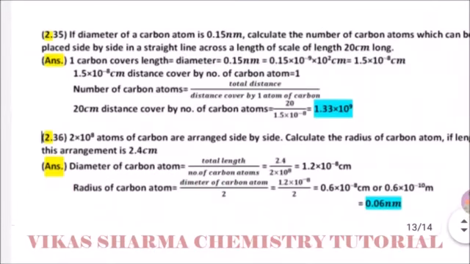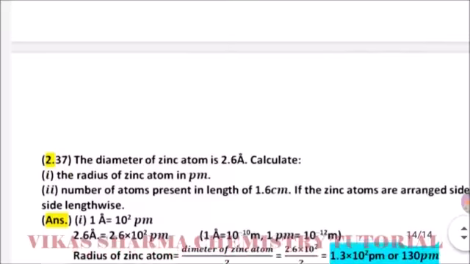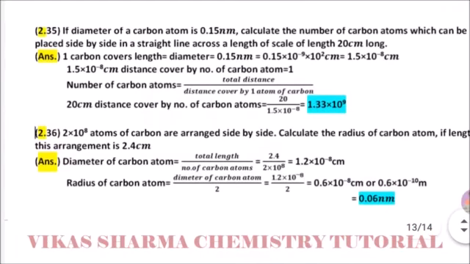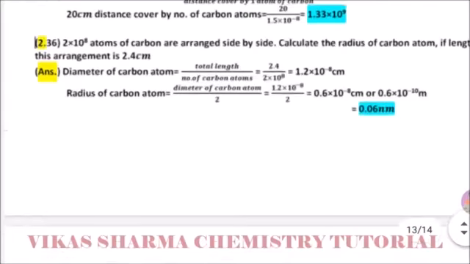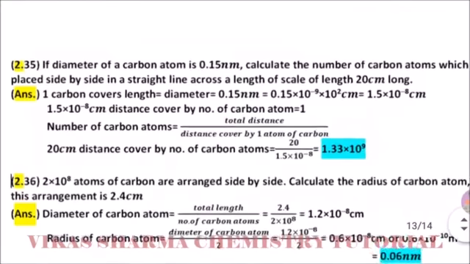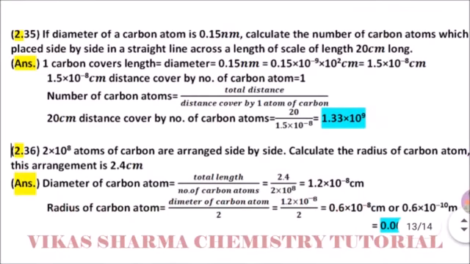So student, in this type there are two questions remaining. First one is 2.35, then 2.36 and 2.37. So 2.35: If the diameter of a carbon atom is 0.15 nanometer, calculate the number of carbon atoms which can be placed side by side in a straight line across a length of a scale 20 centimeter long.